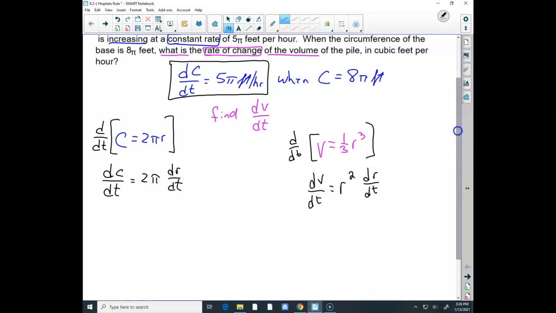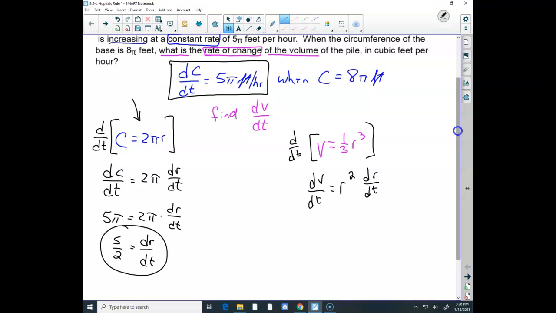So I know dC/dt, this is going to be 5 pi equals 2 pi times dr/dt. And notice, they didn't give me my circumference. They're expecting me to know this one. Well, it's such a basic one. I know dr/dt, hey, that's going to basically equal 5/2, isn't it?